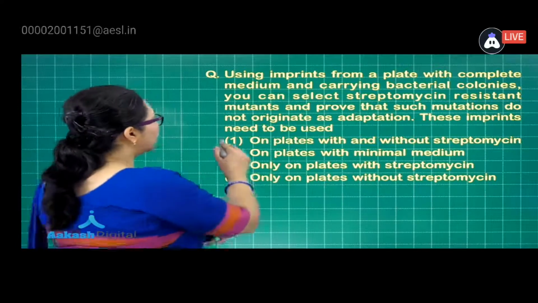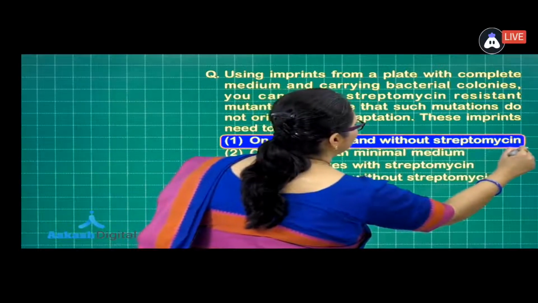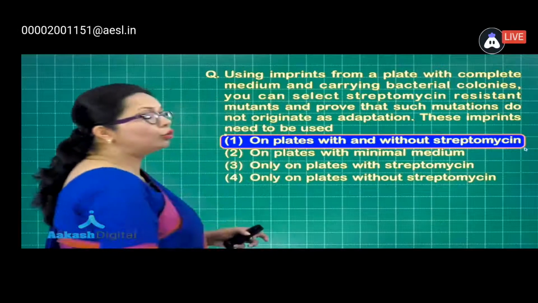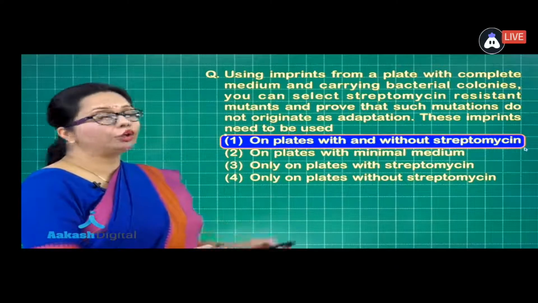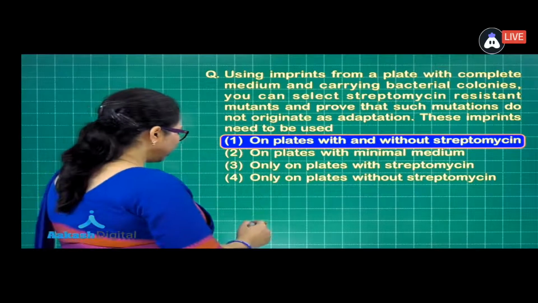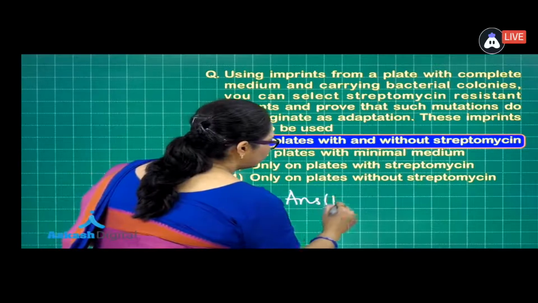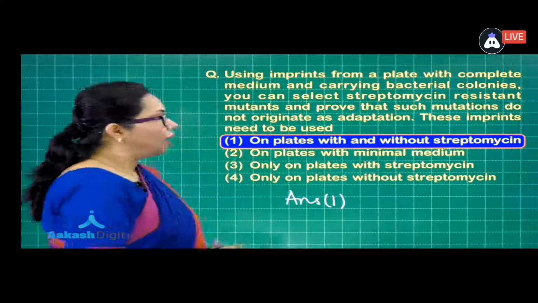So here the answer would be on plates with and without streptomycin. So this way we will come to know about the resistant and the non-resistant bacteria. And here our answer is going to be option 1.